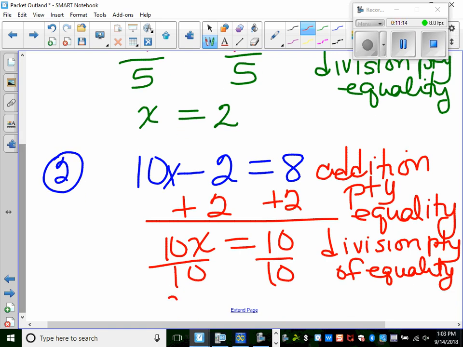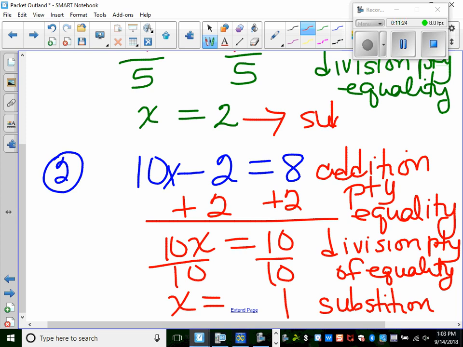And then in a few minutes, you're going to learn that when I get my answer, that's called substitution. And I should have written that up here as well. Okay, this is going to be the substitution property. And I'll go over what that is in a second. Okay. All right, last one. The only one I have not used is the multiplication property. You actually did use it, though, for your warm-up today.